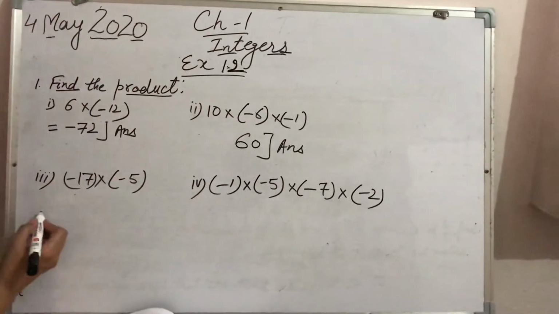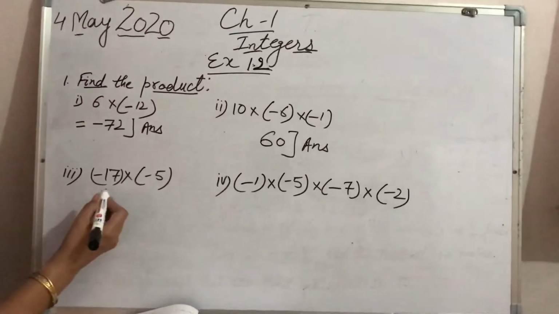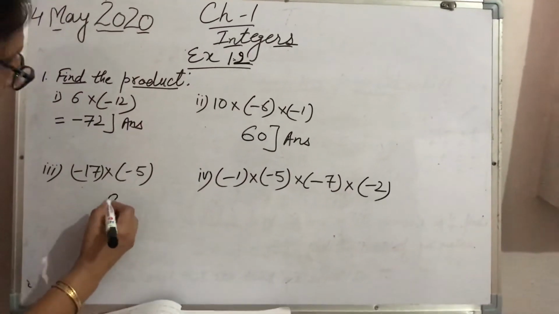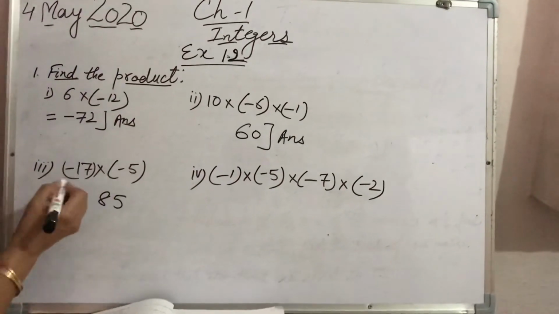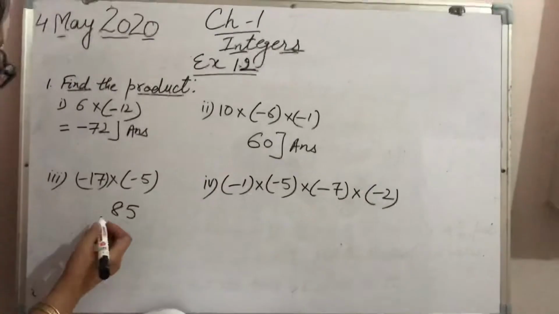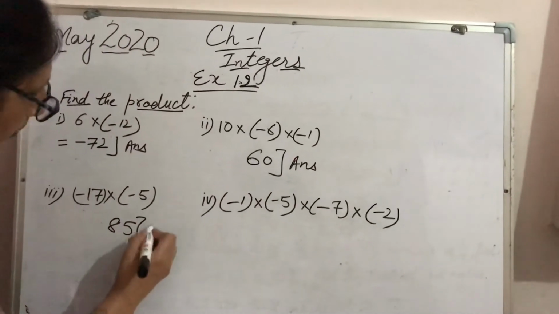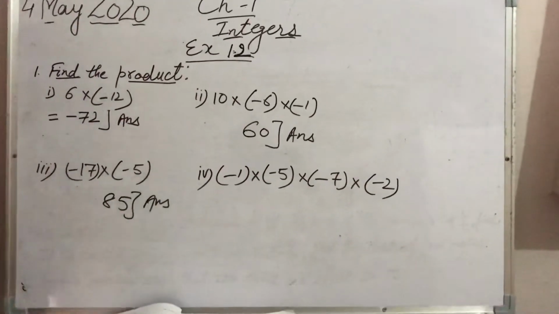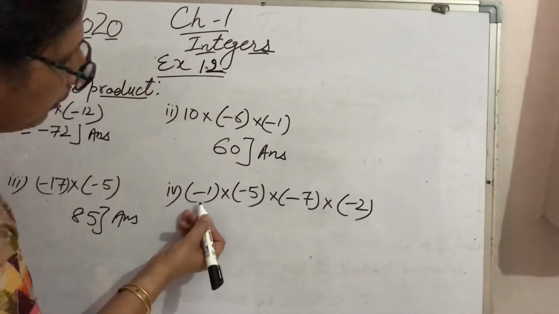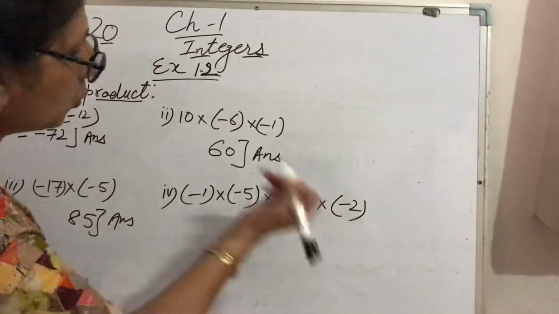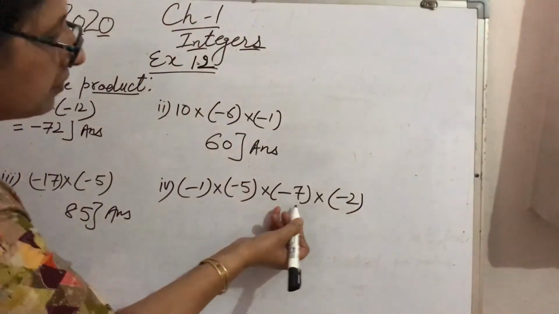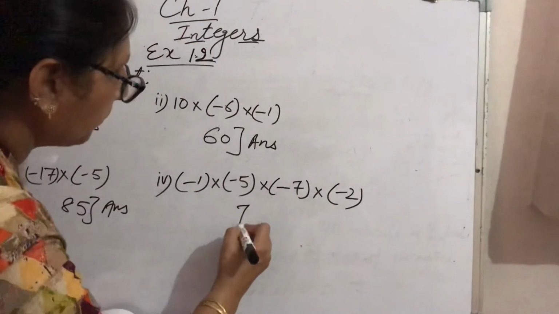Next, the third part of the same question, 17 multiplied by 5. 17 5s are 85. 1, 2. 2 negative signs are there. Again 2 is an even number, so the answer is positive. Again the next part, minus 1 into 5 into 7 into 2. So 1 5 is 5. 5 7s are 35. 35 2s are 70.